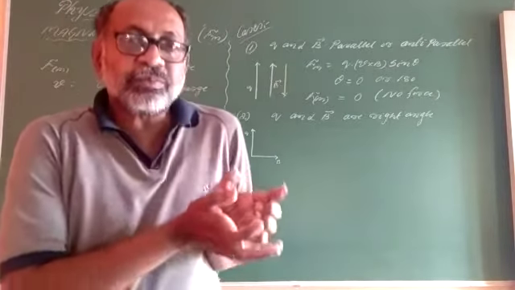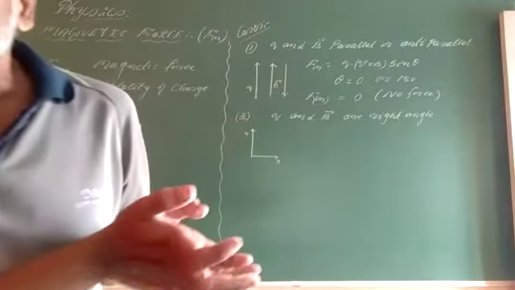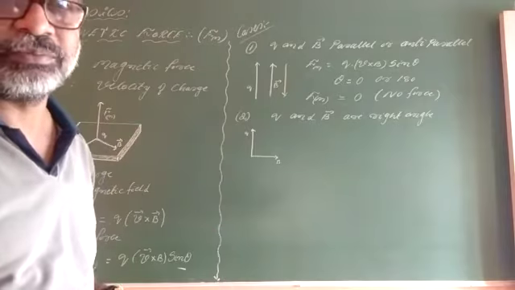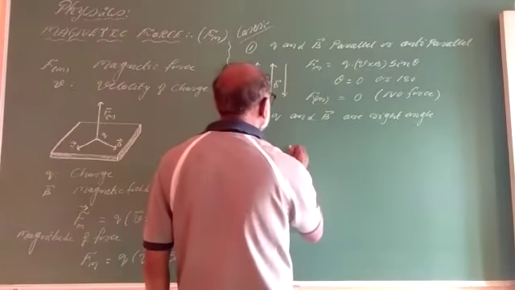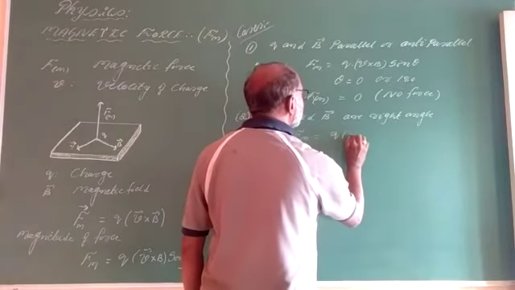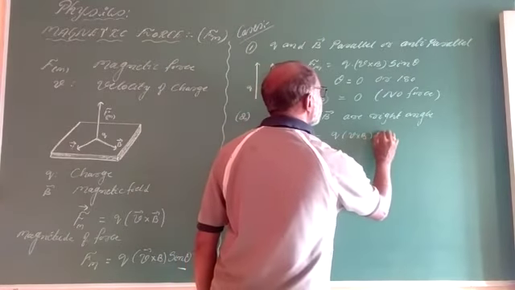The charge is perpendicular to the magnetic field. Perpendicular means theta becomes what here? So F_M is equal to Q V B sine theta.